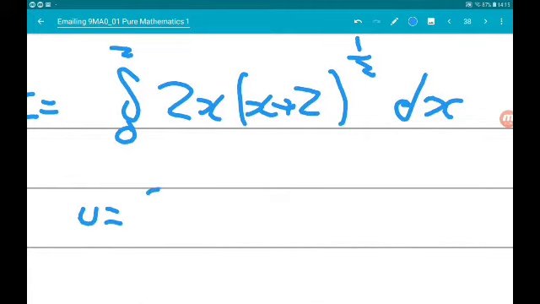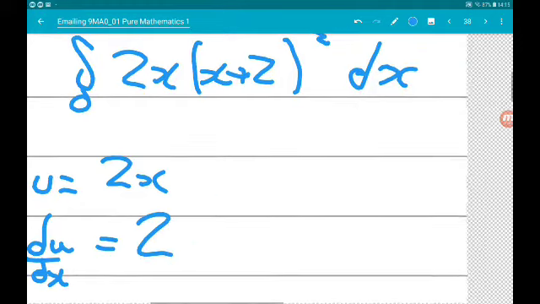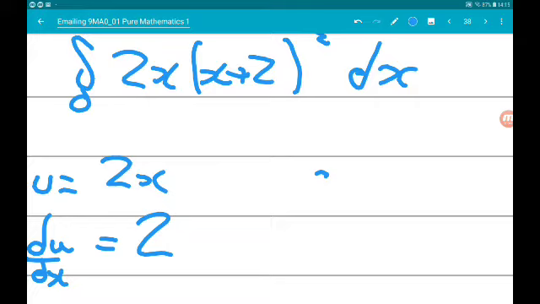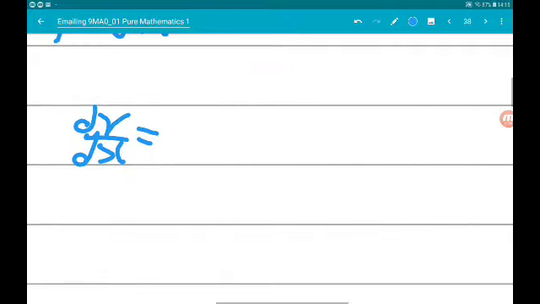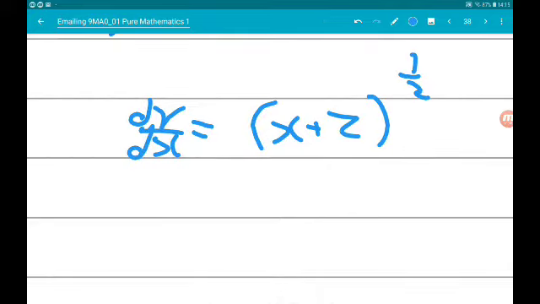equal to x, and then du by dx is equal to 2, and then dv by dx is x add 2 to the power 1/2. Now we need to integrate that to get v.